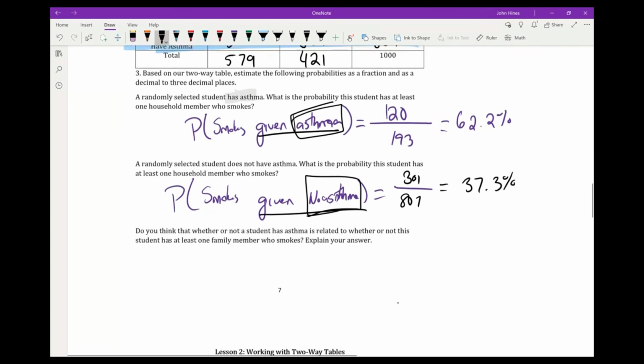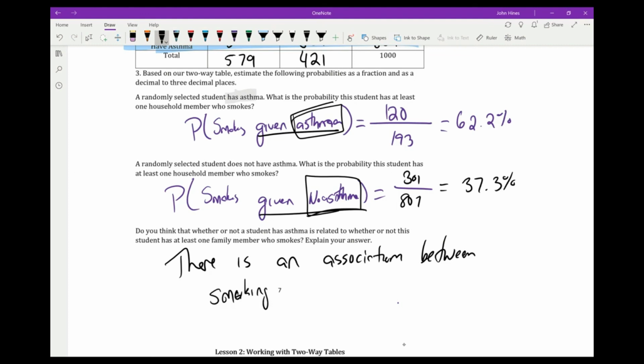So there is an association between smoking in home and asthma. It's much more likely that someone smokes in your house if I know you have asthma. So there is a relationship between those. We can't say it caused it, but we can say there is an association.